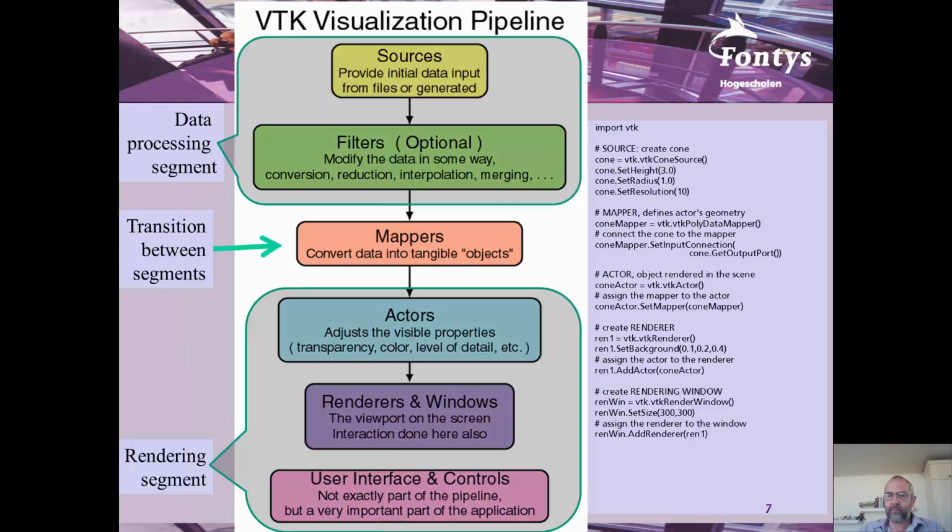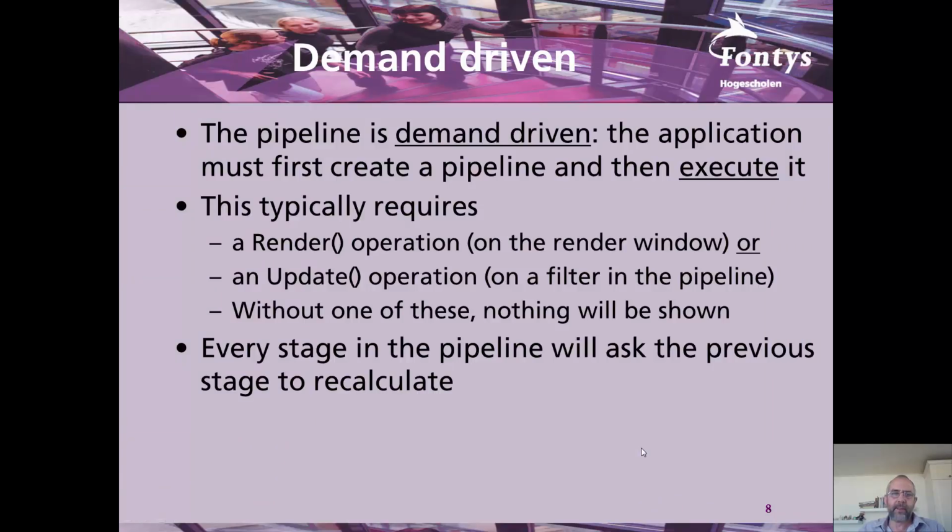Oh, here's the code again. There's nothing down here that activates the pipeline. How can we fix that? By simply adding a render operation. So at the very end of the code, adding a render operation, then that render operation will start pulling data out of the pipeline in order to show it in the window, and then we will see something.